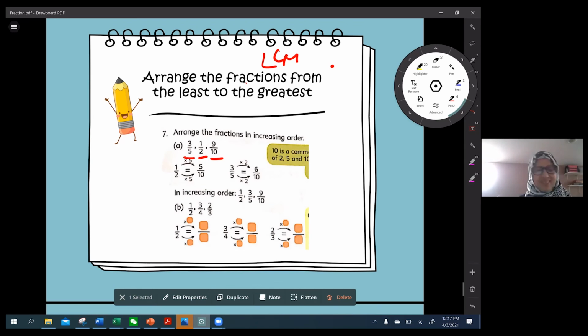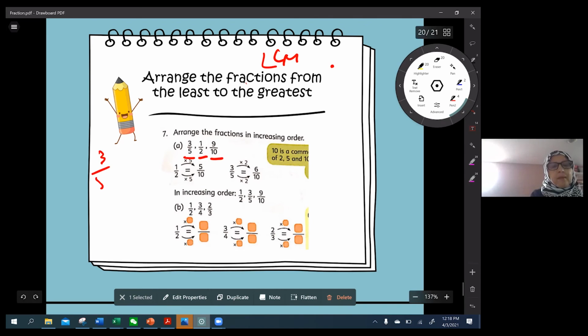So now we're going to turn all the denominators into 10. So 3/5, if we change the denominator into 10, then 3/5 equals what over 10?